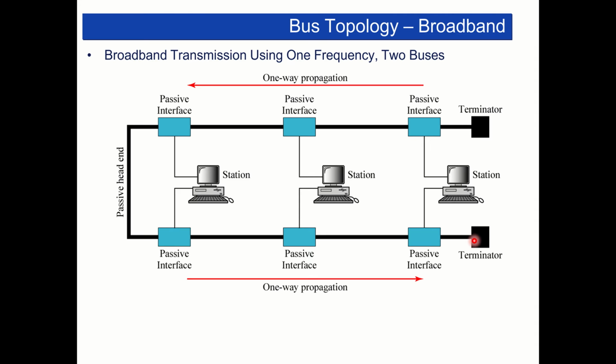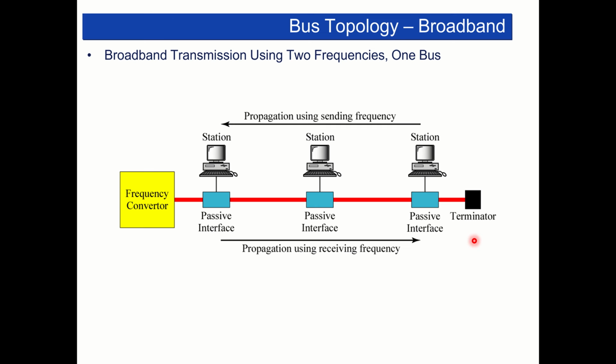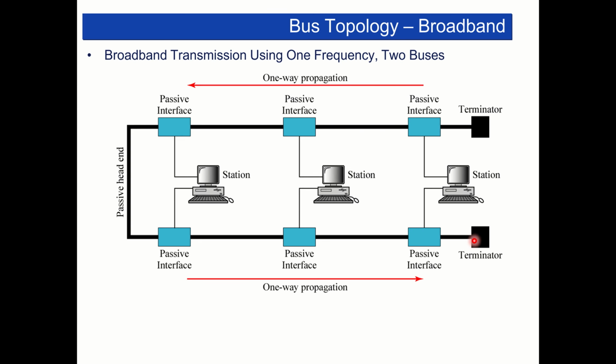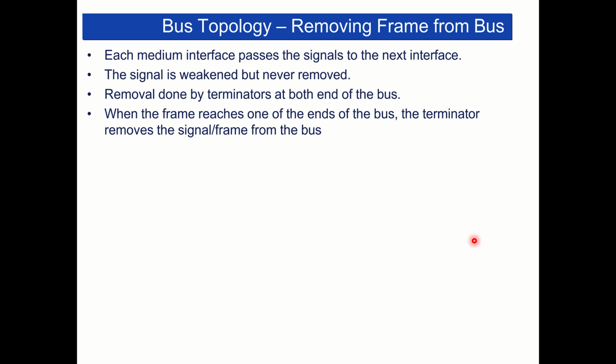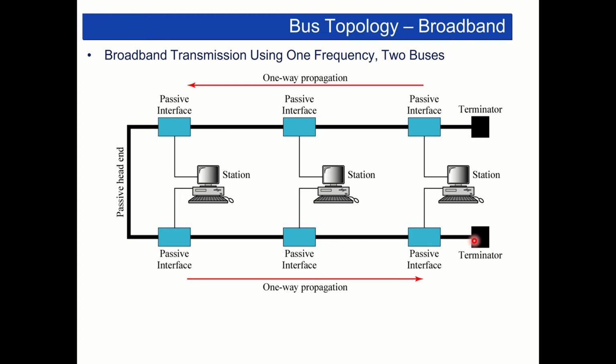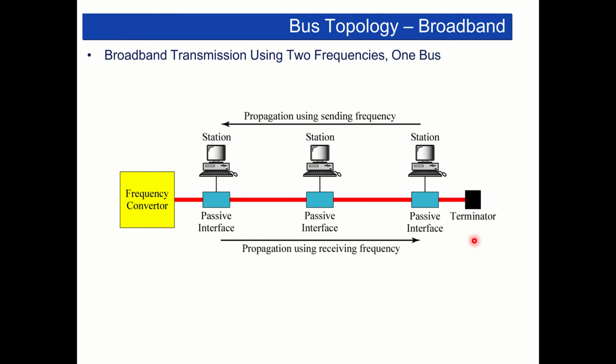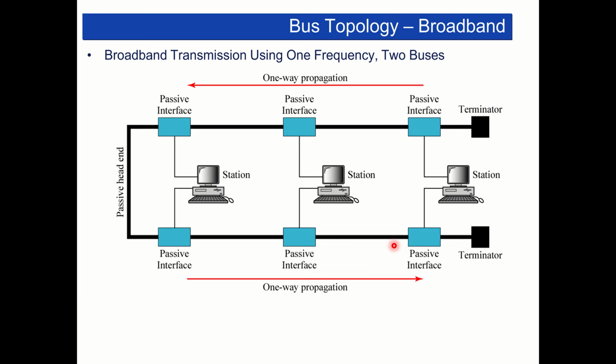Let us look at the bus topology for a second. Bus topology using broadband transmission with one frequency but two buses. And this one, two frequencies on one bus, where we use a frequency converter to reverse the frequency of the propagated messages.